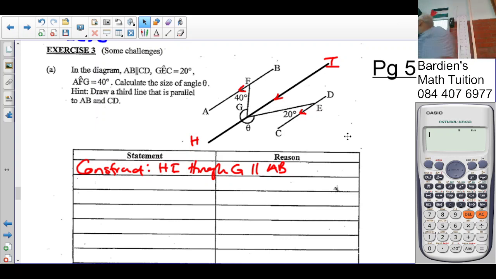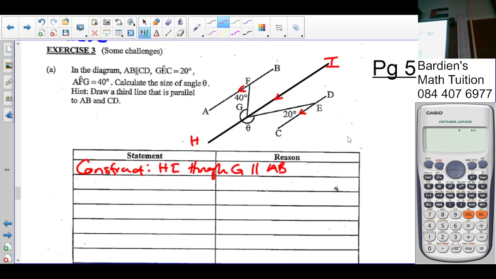So as you can see here, we got 40 degrees. 40 degrees plus this angle here adds up to 180 degrees. So we say 40 plus FGH, that angle, equals 180 degrees.